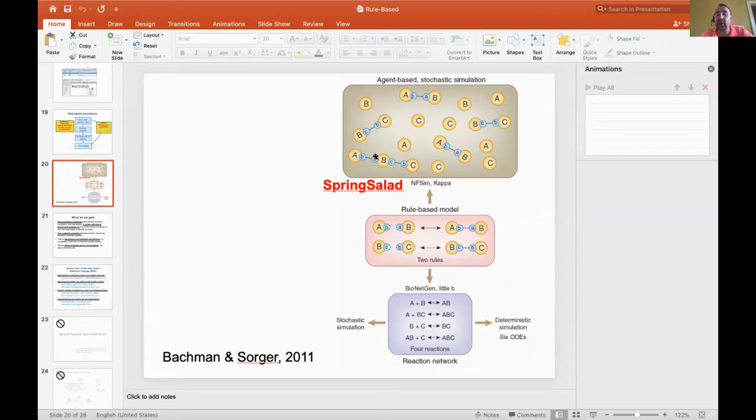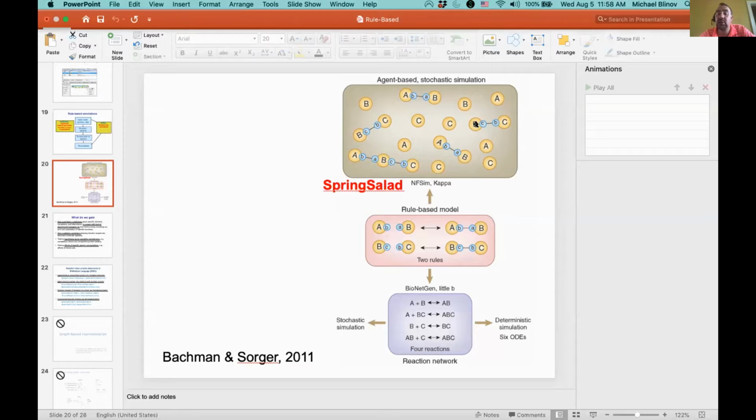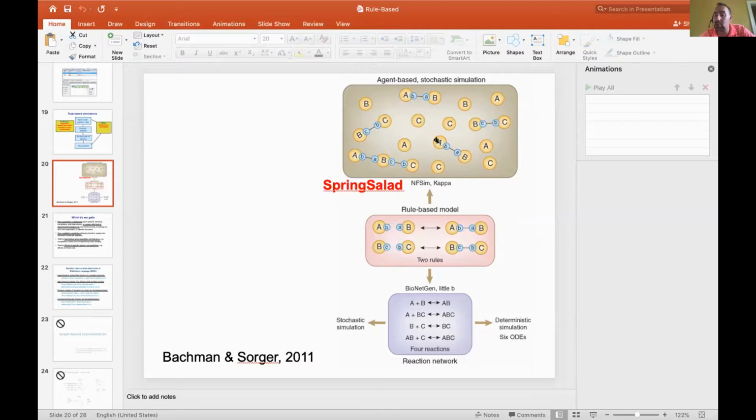So there are 3 A's that are in a dimer. How many C's are in a complex with B? 1, 2, 3. How many B's are connected at the same time to A and C? Just 1. This is the essence of network-free simulation. You don't know the network of interactions. You just know the snapshot of the connectivity and different states of molecules in your system.